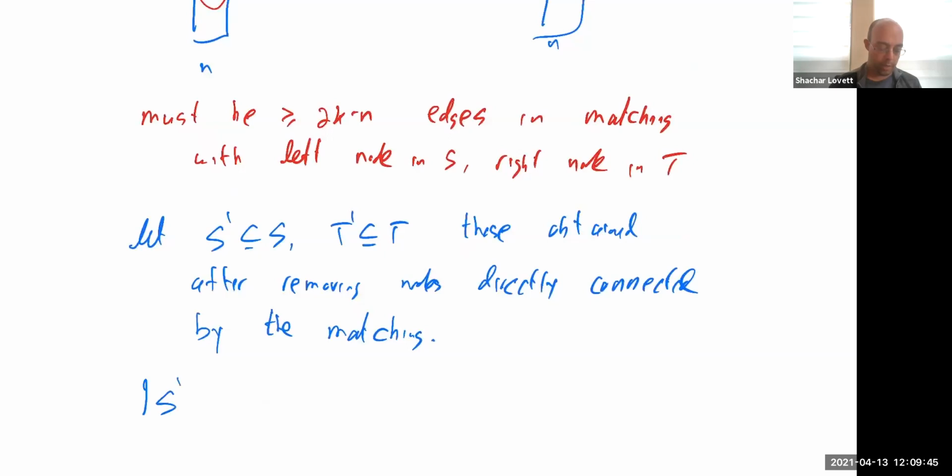So what is the size of S prime? Well, it's K minus the nodes we remove, 2K minus n, which is n minus K.